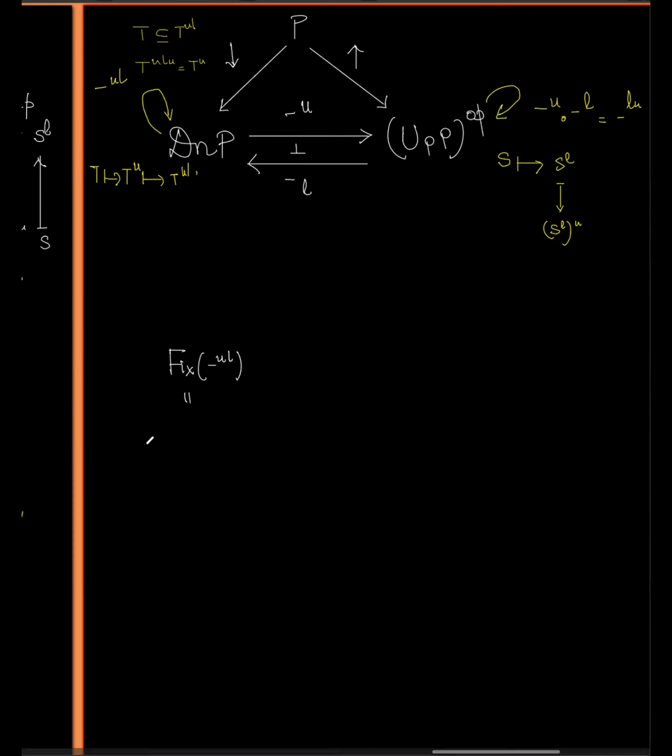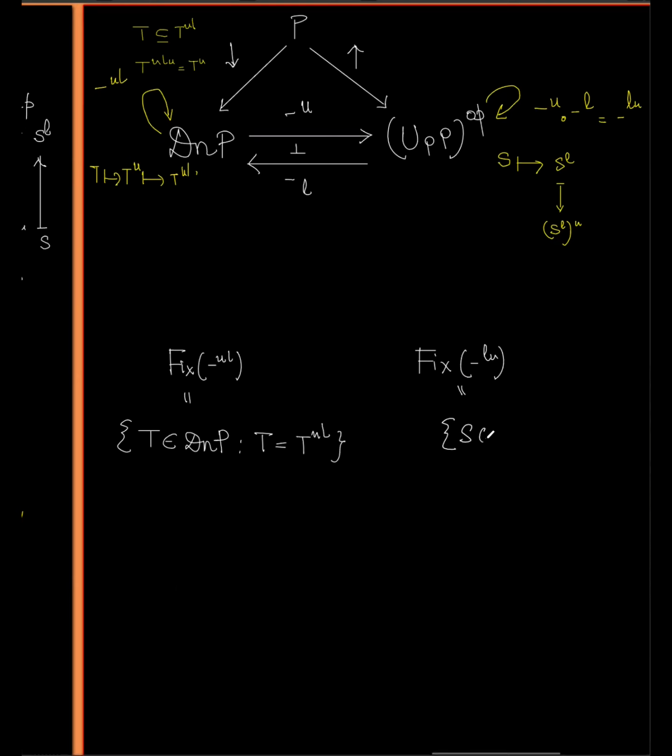This is precisely those downsets for which, if you take its upper bounds and then its lower bounds, they are exactly the same. Okay. And then over here, this is the set of all upsets S for which S is equal to SL.